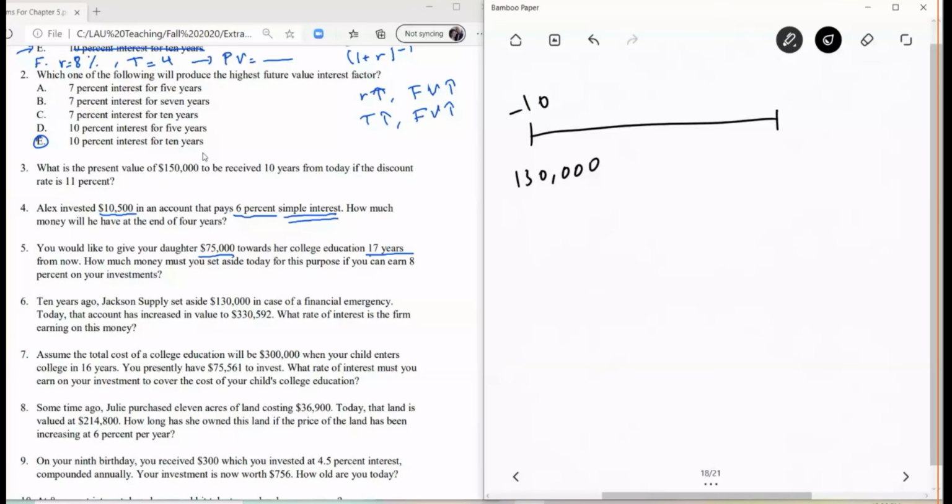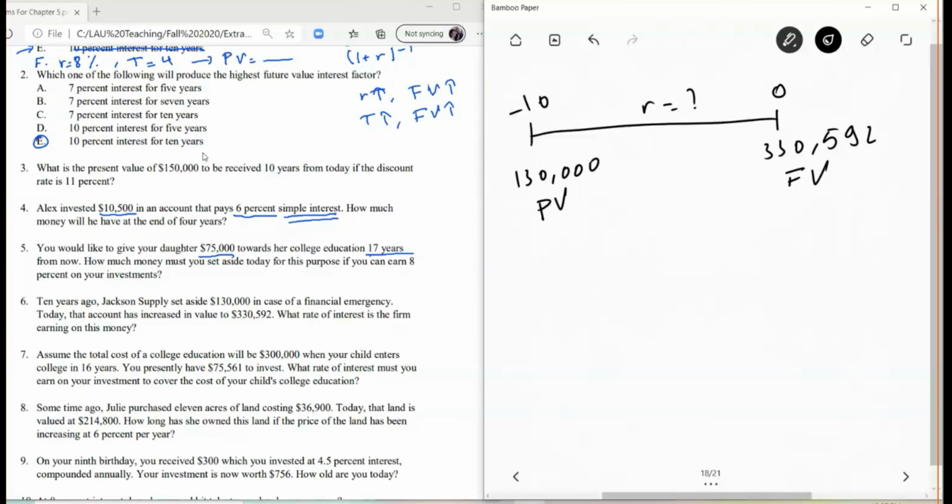So at time t equals 0, I have now 330,592. Now, as you can see, this is PV and this is FV, because FV is the later amount on a timeline, PV is the earlier amount on that same timeline. So what rate of interest is the firm earning on this money? I need to find R.